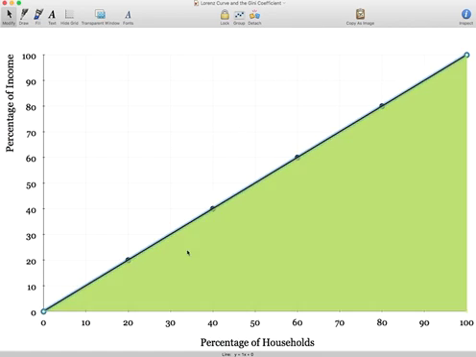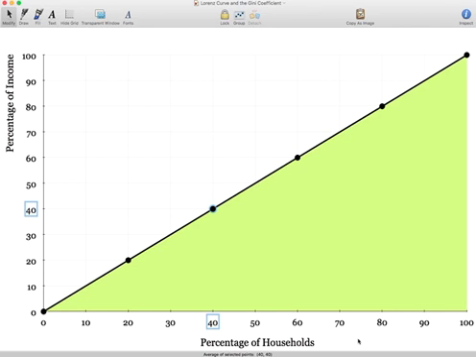So for example, if I were to look at the poorest 20% of households, they would have 20% of the income because everybody has the same level of income. Same thing for the 40% of the lowest income households: they would have 40% of the income because everybody has the same level of income.